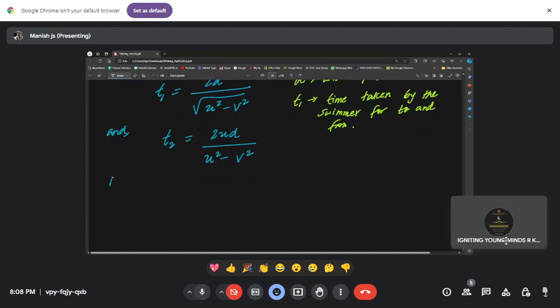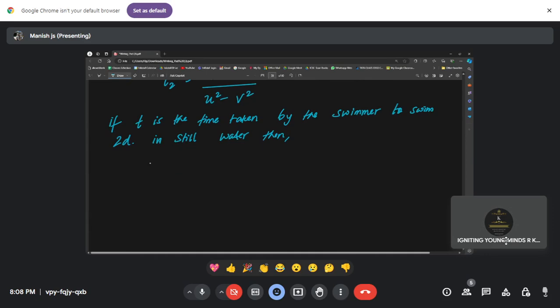So if T is the time taken by the swimmer to swim 2d in still water, then you can write, the time is nothing but distance upon speed, right?